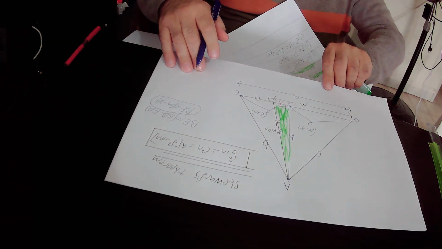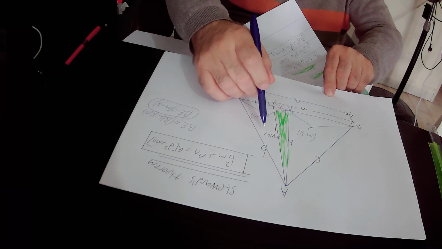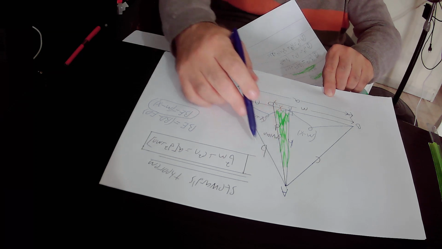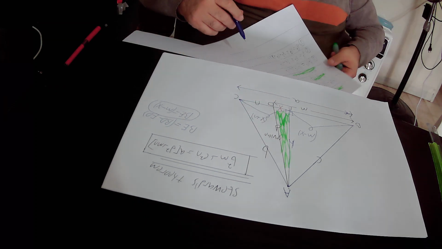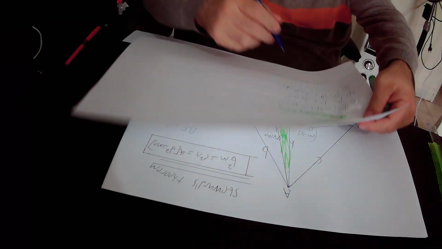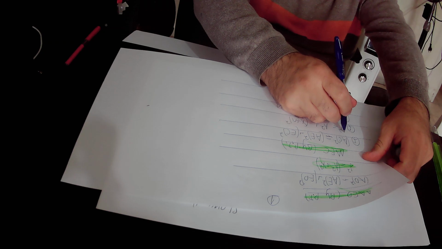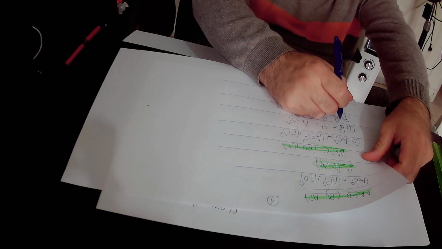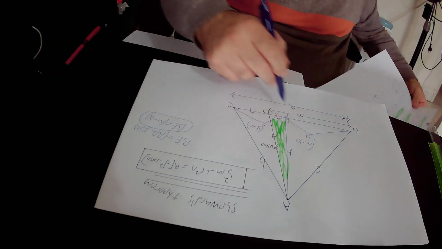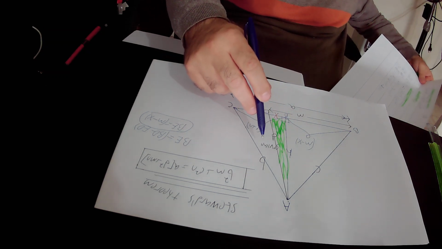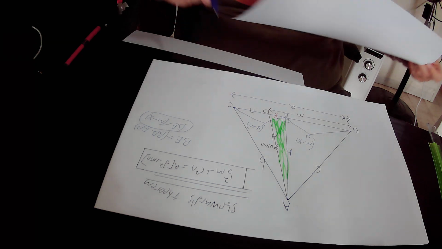Here the hypotenuse AB is b, therefore the square of the hypotenuse AB square is b square.